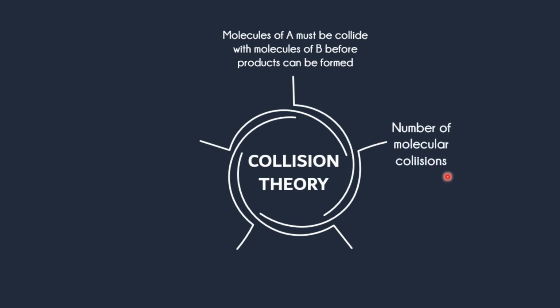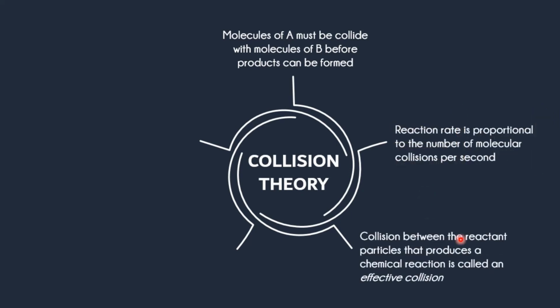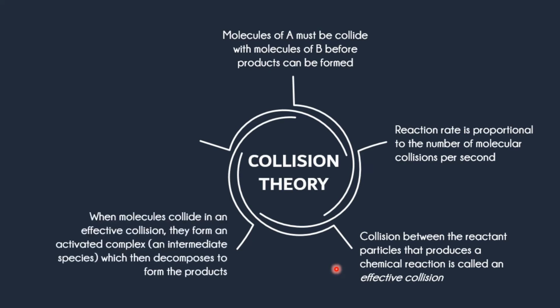This means as the number of molecular collisions increases, the reaction rate also increases. Next, a collision between the reactant particles that produces a chemical reaction is called an effective collision. Pelanggaran yang menghasilkan produk, kita panggil effective collision. Kalau tak ada produk, itu adalah ineffective collision.